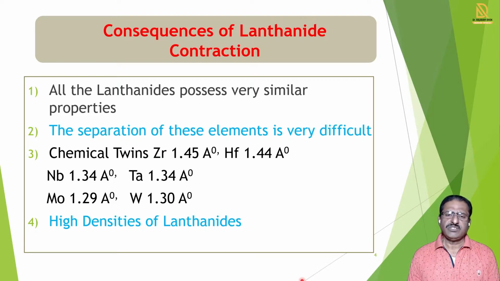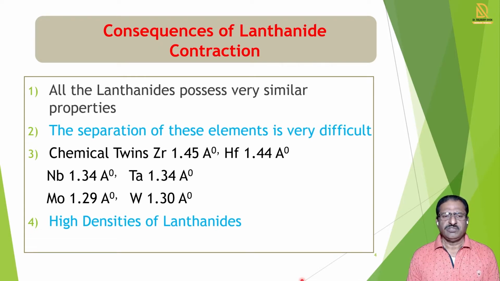Now we see the consequences of lanthanide contraction, that means the effect of lanthanide contraction on the different properties of these lanthanide elements. There are various effects due to this lanthanide contraction. The first consequence is that all the lanthanides possess very similar properties.